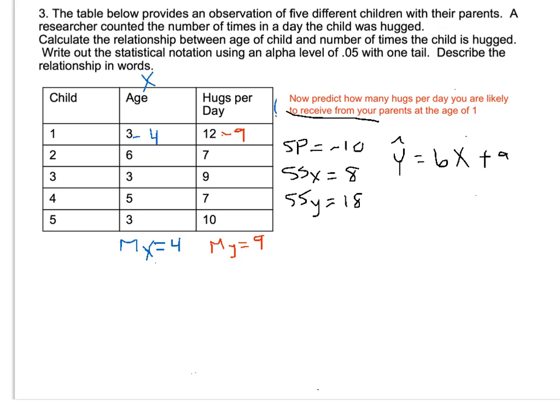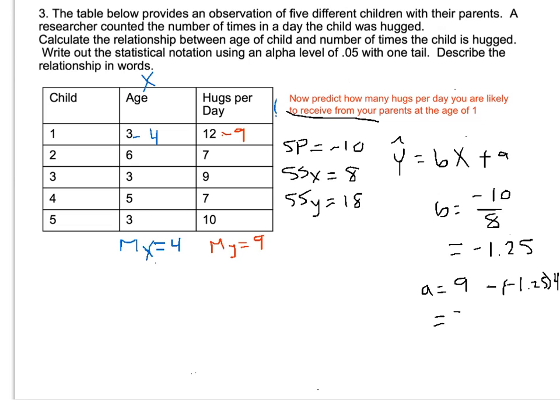The first thing we can calculate is b, which is SP over SSX. And so I have negative 10 divided by 8 comes out to negative 1.25. So that's my b. My a equation is my minus b times mx. And I have here 9 minus negative 1.25 times 4.